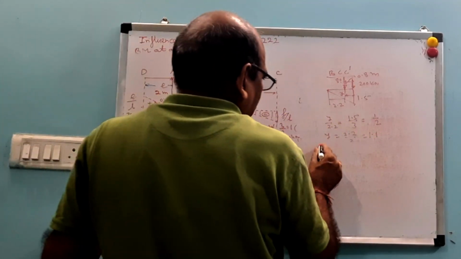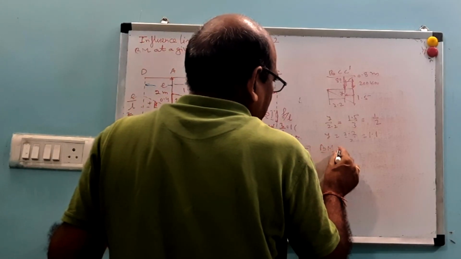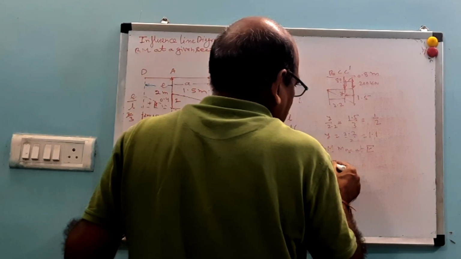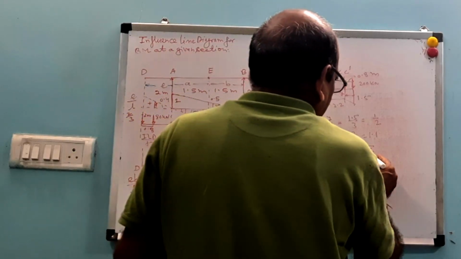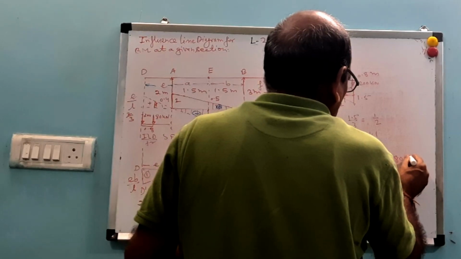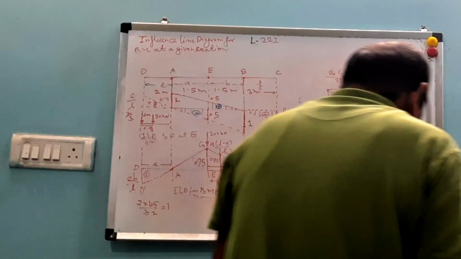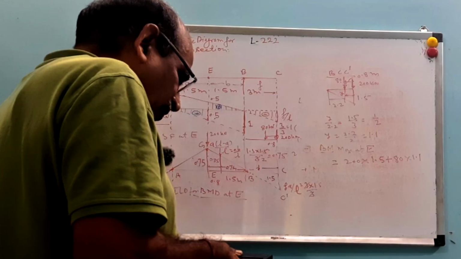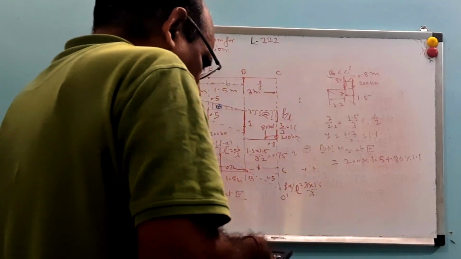So your maximum negative bending moment at E equals 200 into 1.5 plus 80 into 1.1.